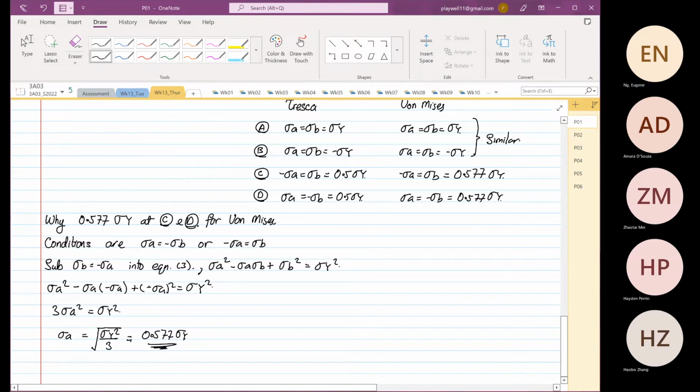Now this looks familiar, doesn't it? This is also equal to 0.577. So for this reason, sigma A is equal to 0.577. We just derived it out.